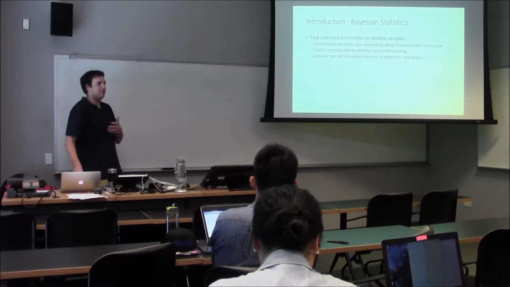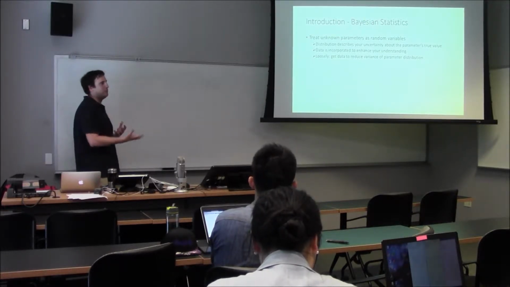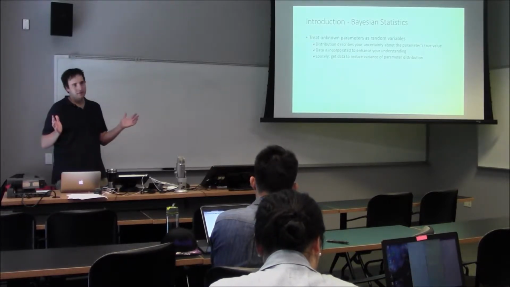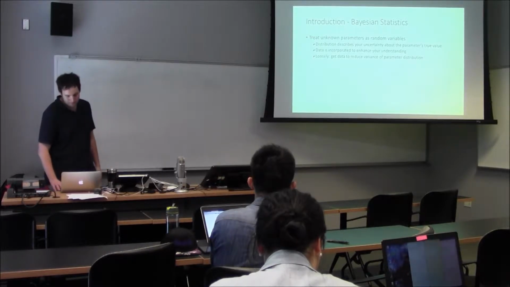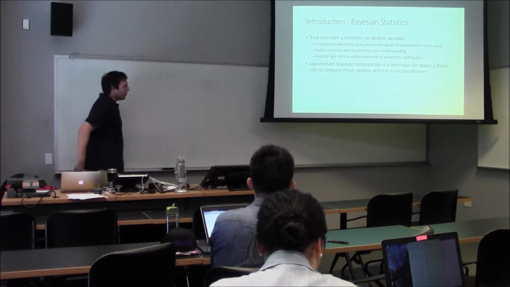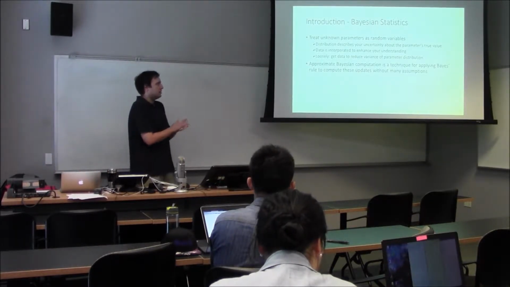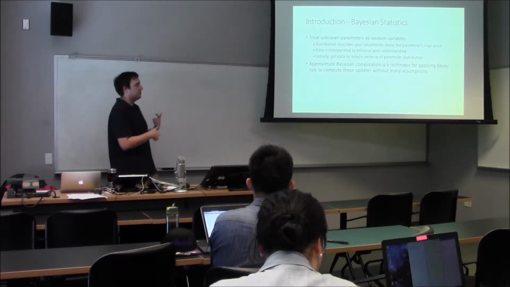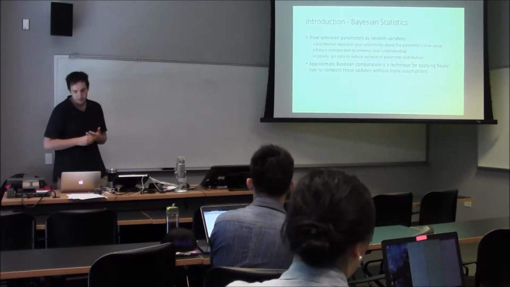You then collect data and improve your knowledge about the world. Loosely, you're getting data and reducing the variance of those parameter distributions until they concentrate on the truth. Approximate Bayesian computation is a technique for applying Bayes' rule to compute these updates without any assumptions.